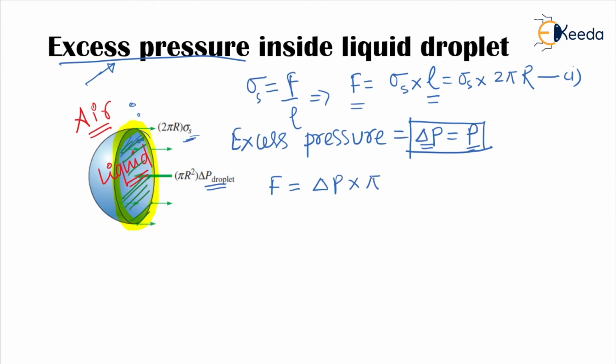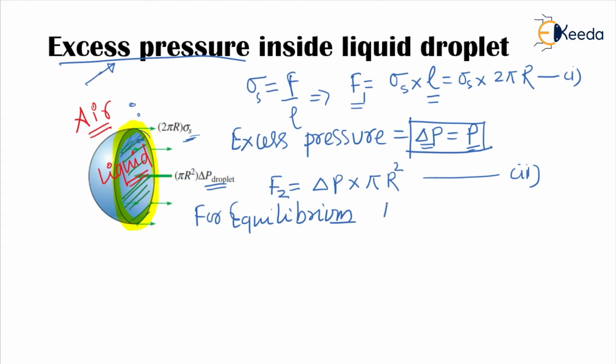What is area here? Pi r square. So this is equation 2. Suppose this is F1 and this is F2. For equilibrium, F1 must be equal to F2, or in other words, delta P into pi r square must be equal to sigma s into 2 pi r.